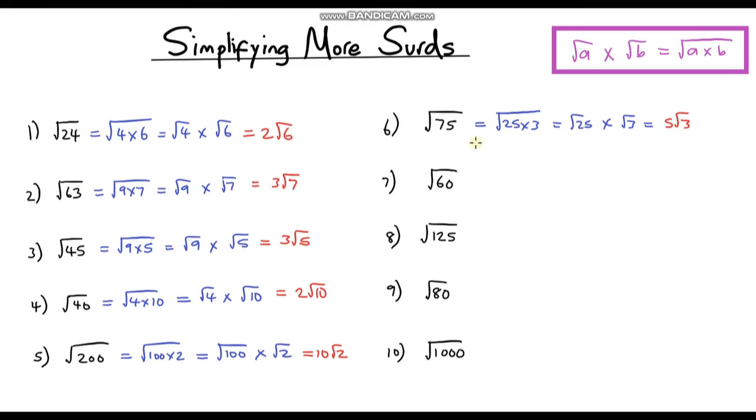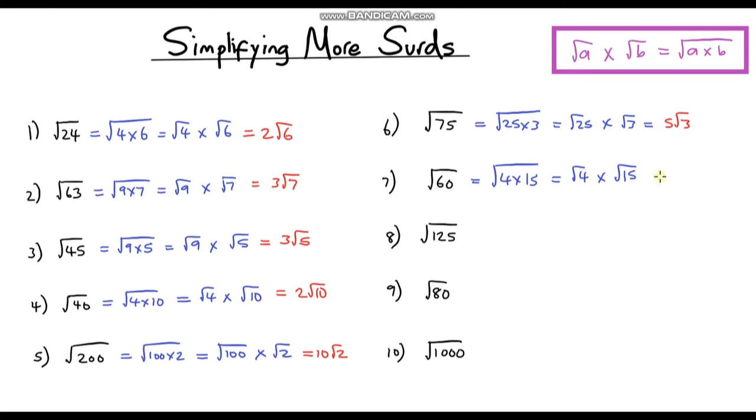Okay, question 7. The square root of 60. So 10 times 6 isn't going to work because neither of those are square numbers. What else could we have? 2 times 30. Well, none of those are square numbers. 4 times 15. 4 times 15 looks like it's a viable candidate because 4 is a square number. So this is going to be the square root of 4 times the square root of 15.